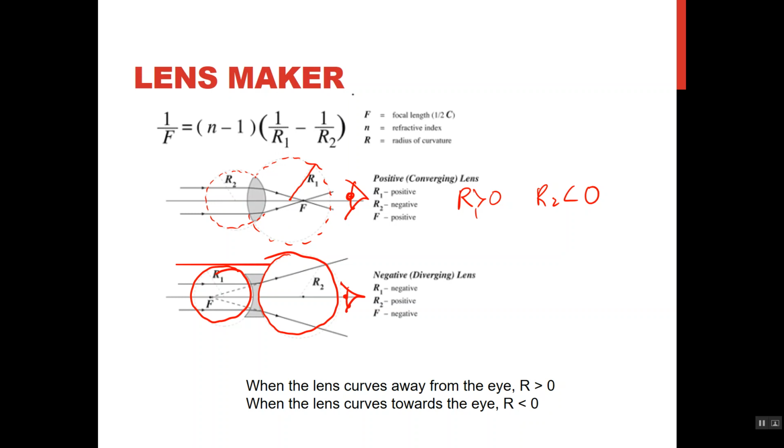Towards the eye, so is it positive or negative? Negative. And this one is curving away from the eye, so it'd be positive. So this one would be backwards: R1 would be negative, and R2 would be positive. We define R1 and R2 by which side of the lens is hit first.